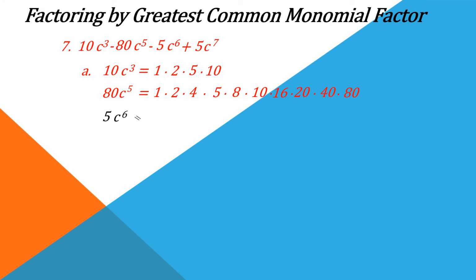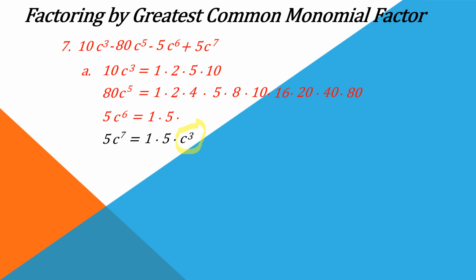And for 5c to the 6, we have only 1 multiplied by 5, as well as 5c to the 7, 1 multiplied by 5. And the least exponent of the variables is c cubed. So this is our greatest common factor for the variables.